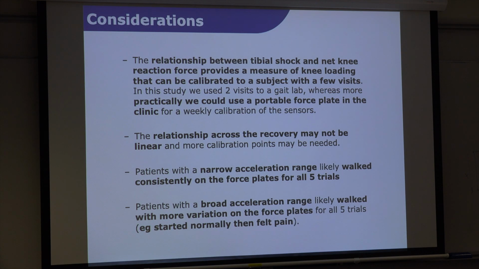In terms of some of the graphs, we found that some people had quite narrow accelerations, but some people had quite broad accelerations. And this is mainly due to people walking over the force plate. Some people were quite consistent in terms of their walking, but some people deviated or had a large variation. And this could be due to anything, like starting to feel pain.